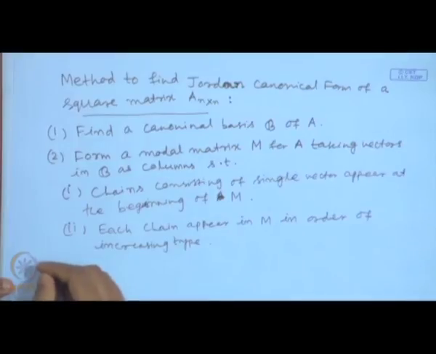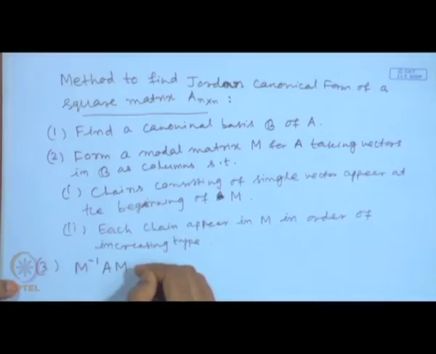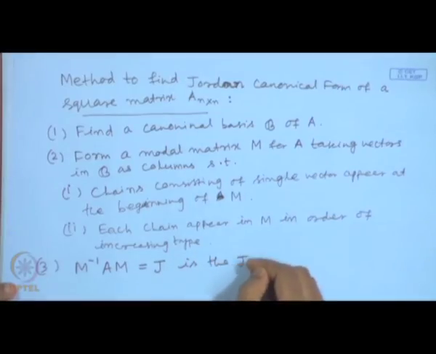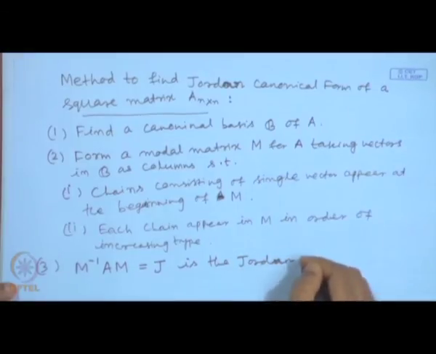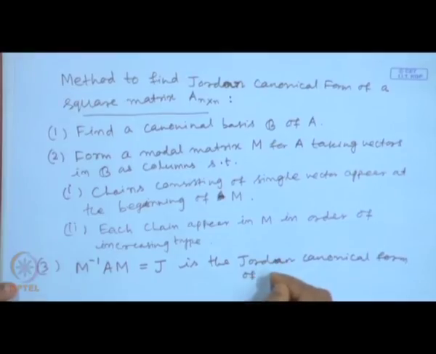So now M inverse A M is the Jordan canonical form of matrix A.